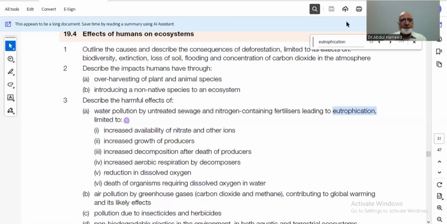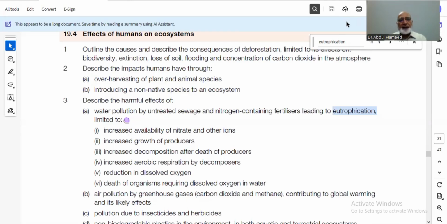Bismillahirrahmanirrahim. Our today's lesson is on the eutrophication topic, and this topic is from the Cambridge O level subject code 5090. This topic tells us about the effects of humans on ecosystems.